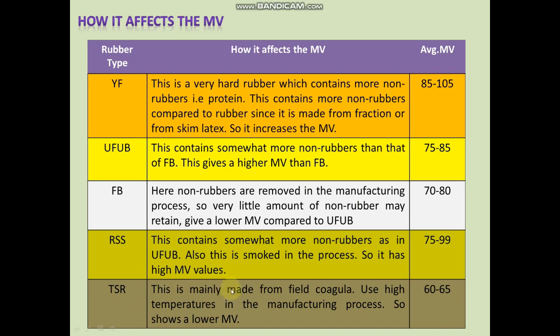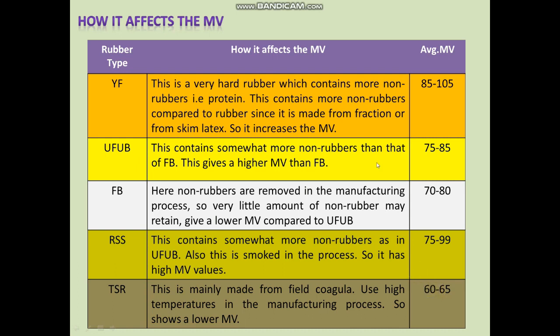And technically specified rubber, finally. I told you that it is made from field coagula. We apply high temperatures and high cutting and shearing actions during the manufacturing of TSR. So normally the molecular weight will reduce, and therefore it should show lower Mooney viscosity values. Normally it ranges from 60 to 65 Mooney units.